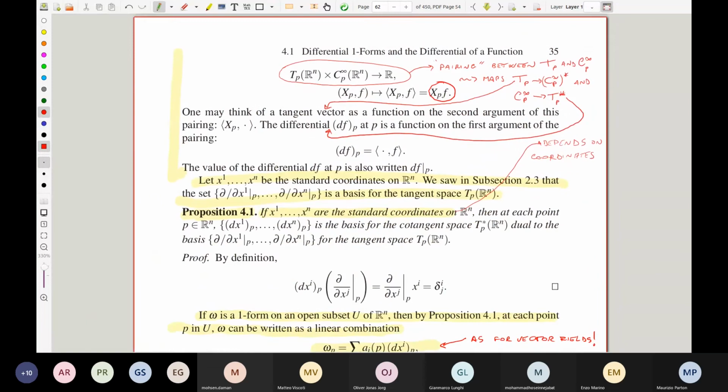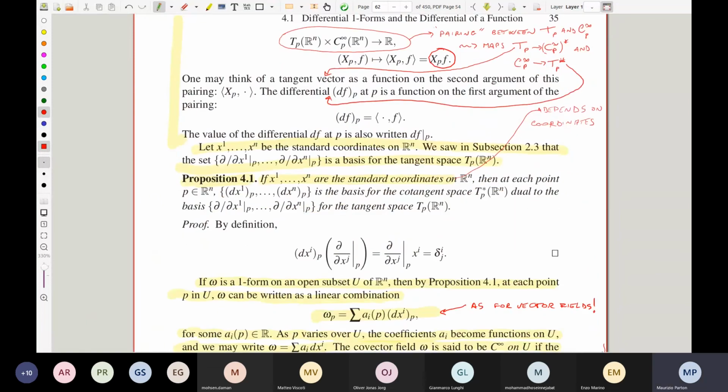Okay. Now look what happens. What is the differential? So now, can you tell me what is the x now? You see, suddenly the x has a meaning.